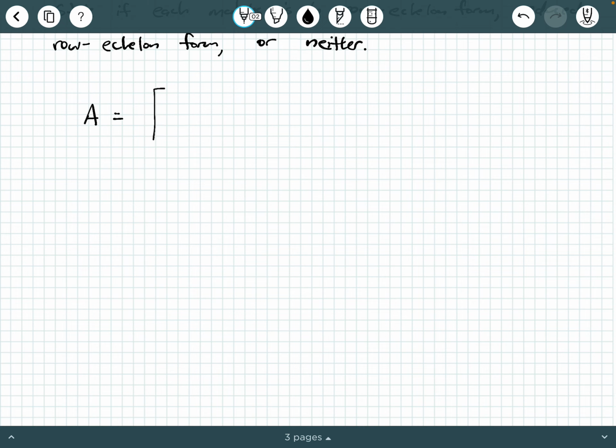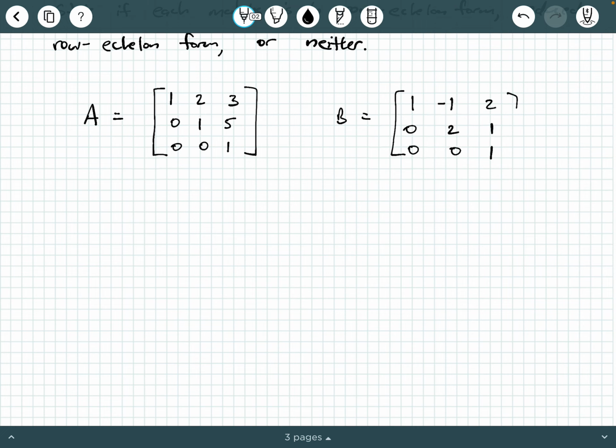Okay, so let's just give a few options here. Let's say we have matrix A is 1 2 3, 0 1 5, 0 0 1. Okay, that's matrix A. Let's say matrix B is 1 -1 2, 0 2 1, 0 0 1.